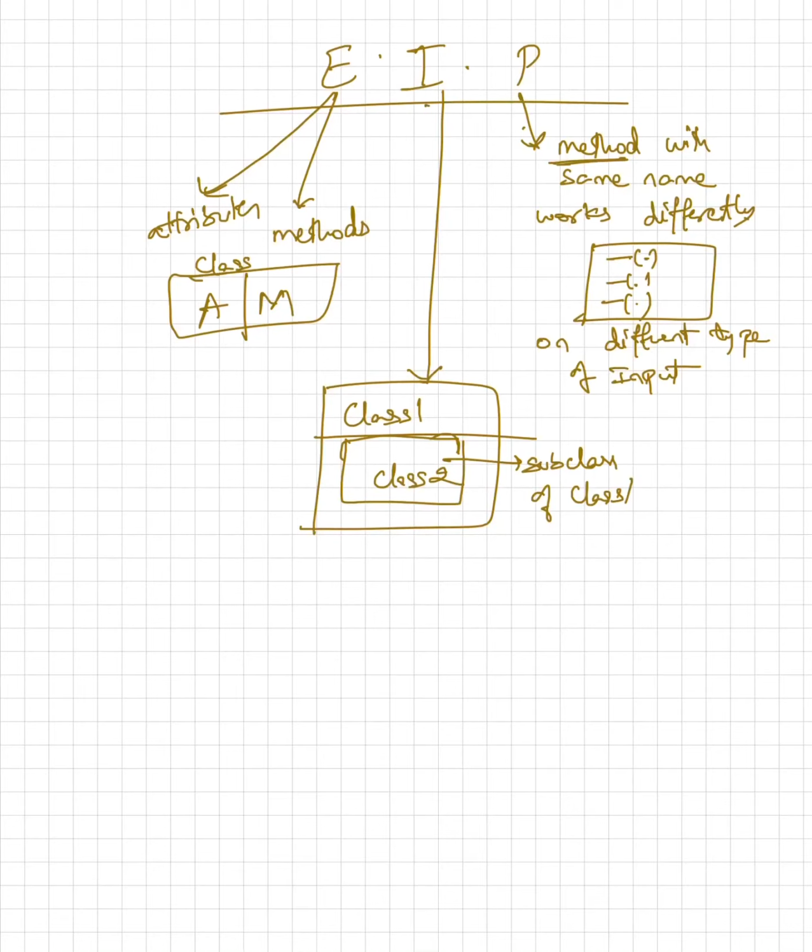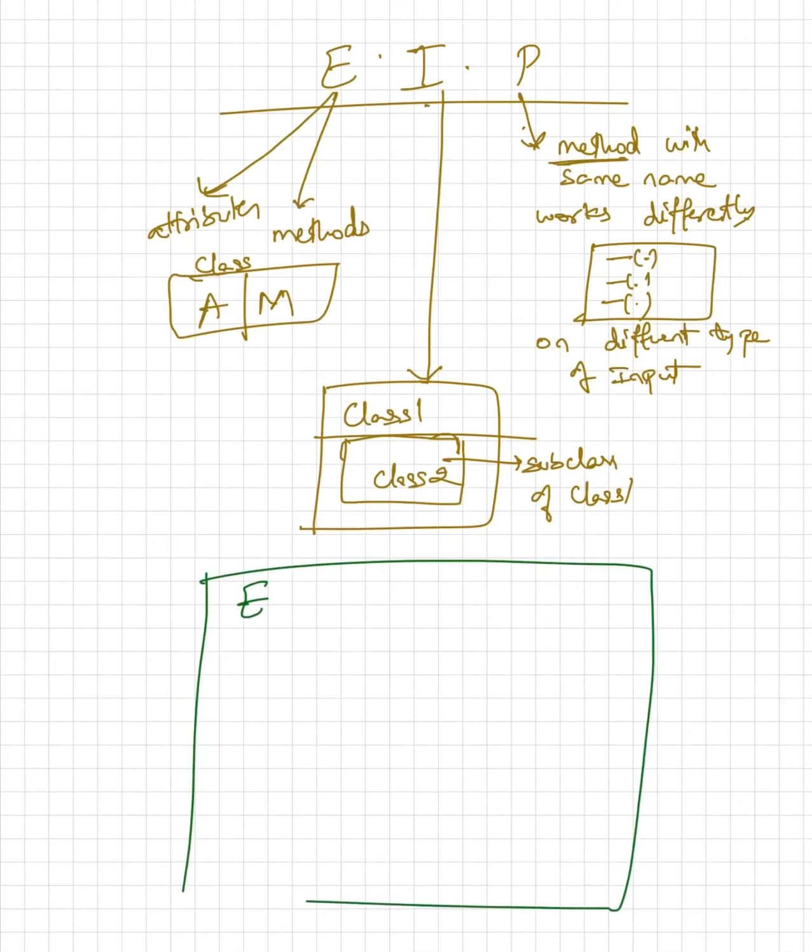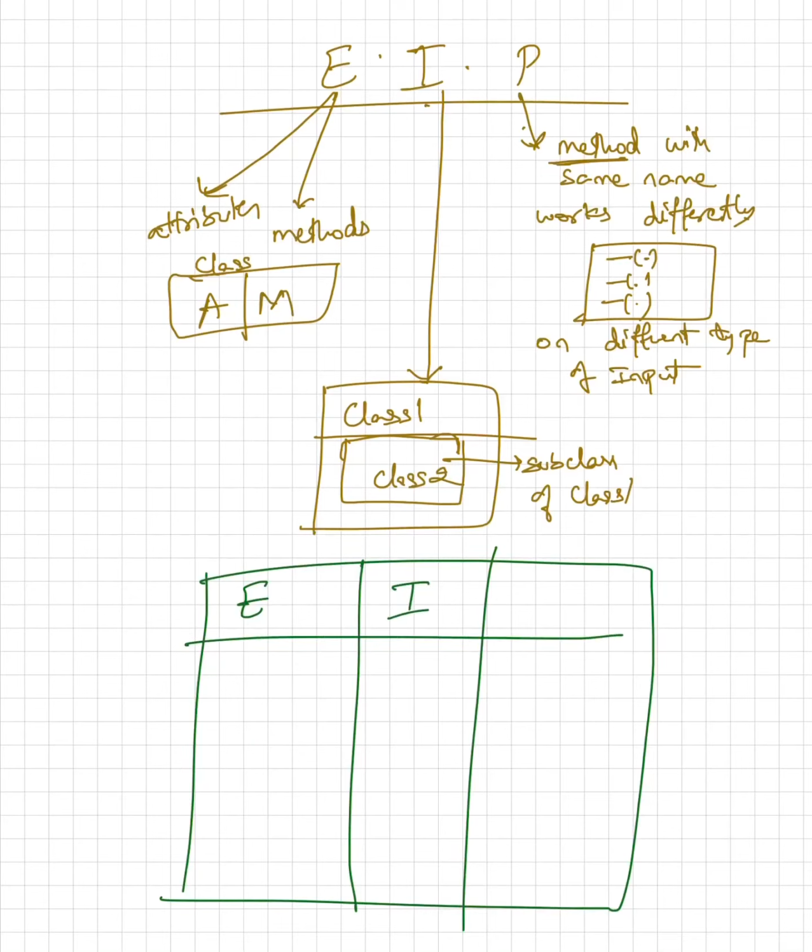So let's again discuss this. Let's make a box to understand how each is related to one another: encapsulation, inheritance, polymorphism. Encapsulation is for an object, because an object has encapsulation of attributes and methods.